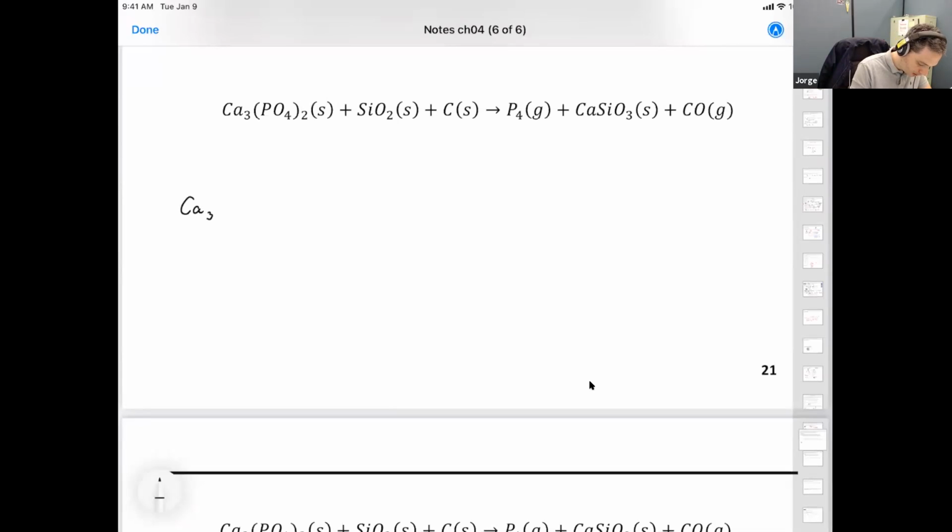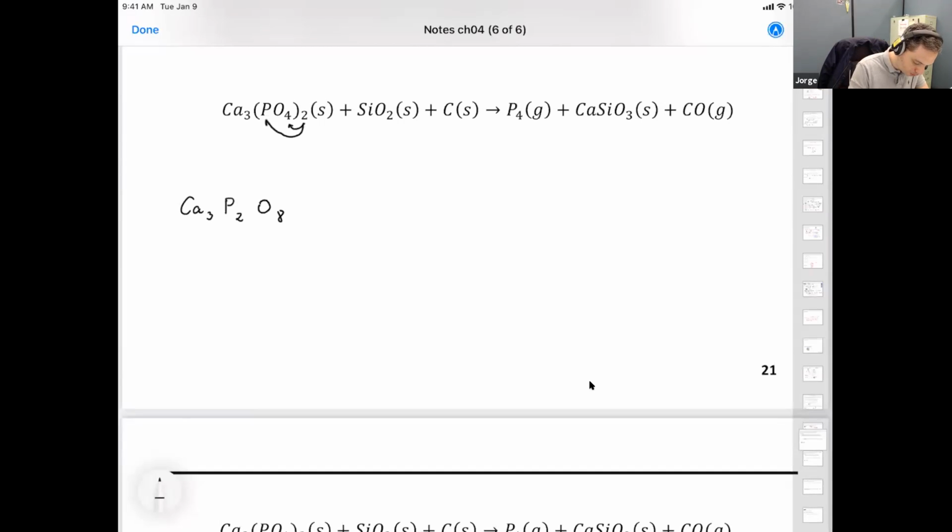Just to make things a little bit simpler, I'm going to write calcium phosphate like that, Ca3P2O8. The only thing I did here was to multiply the index outside of the parentheses by the index inside the parentheses, okay? So that will give us the number of atoms in the structure.